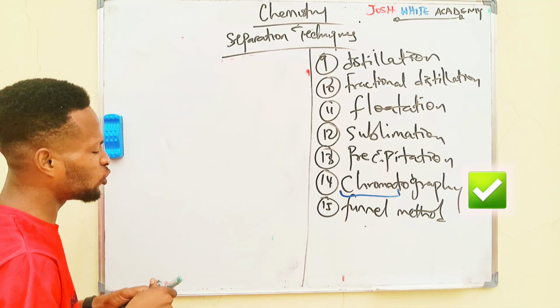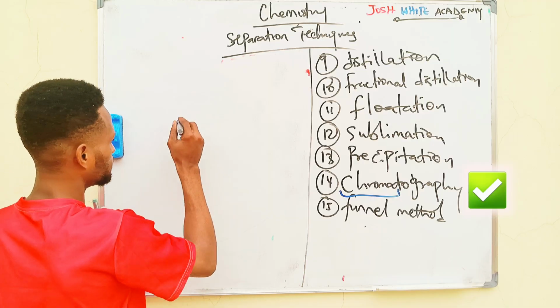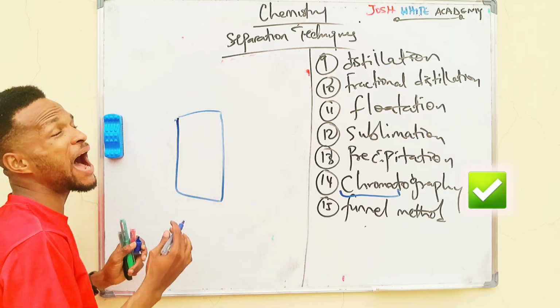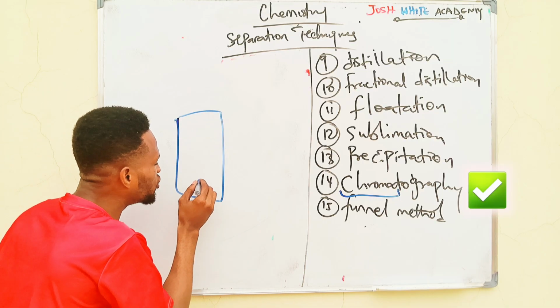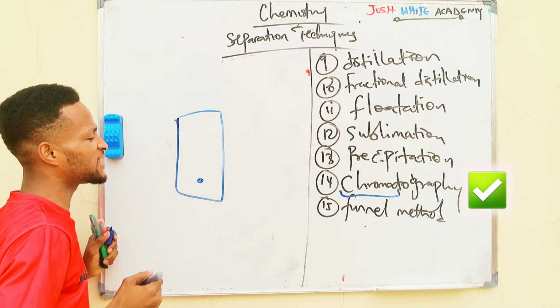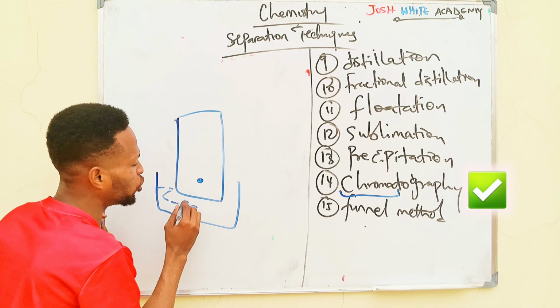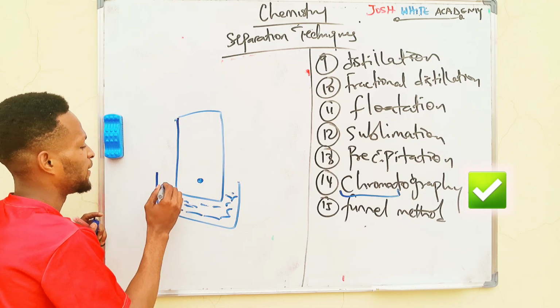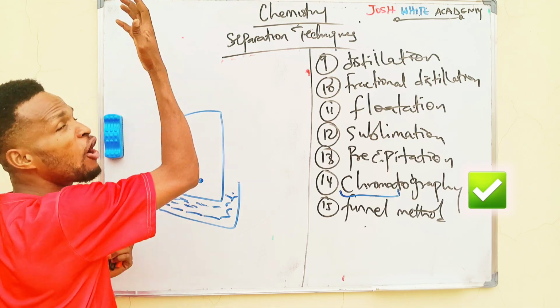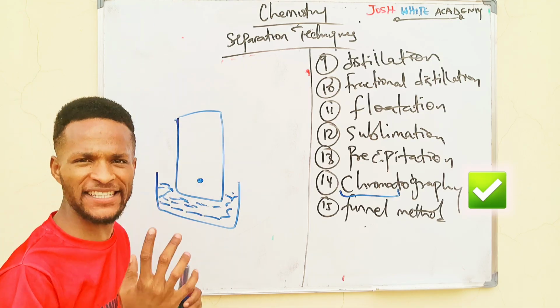It involves chromatography paper, which is our absorbent. So you place your pigment here and place this in a solution that can easily move up by capillarity.